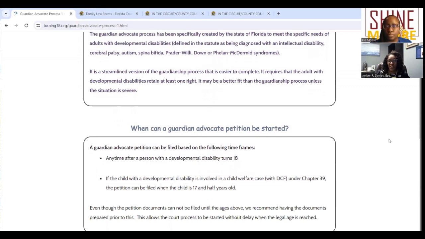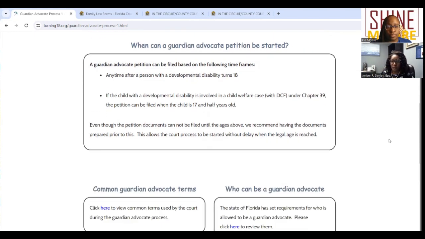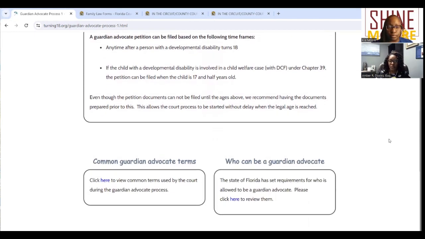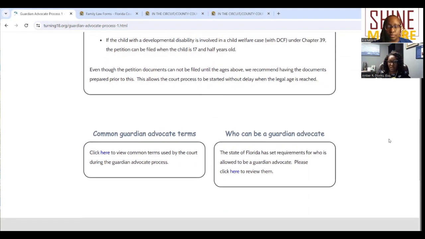So I would say start here, because this is a wide range of information. And again, we just scratched the surface. So take the time to look through this. It's written in a way that's easy to understand, it's user friendly, and will be a great resource for those family members who are at a point where they need to determine what is the best course of action to be able to care for their loved one.